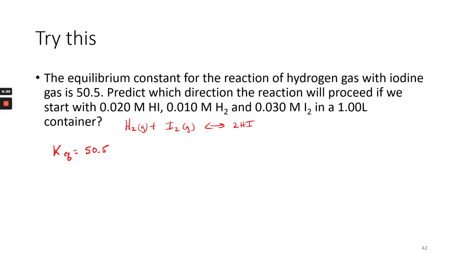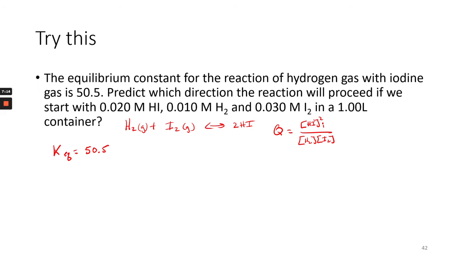So we need to calculate Q. Remember, you set Q up just the same way you would K, except you put the little i there so we know it's the initial concentration at that time. Might not be the equilibrium concentration.